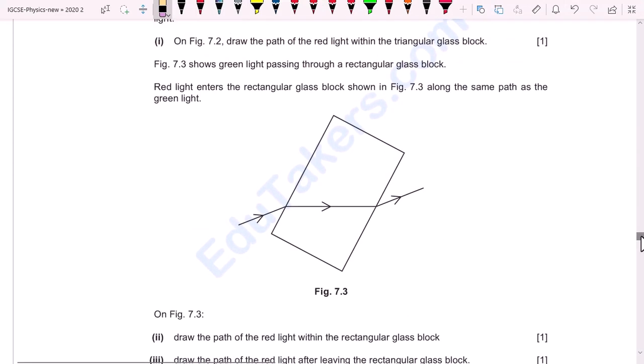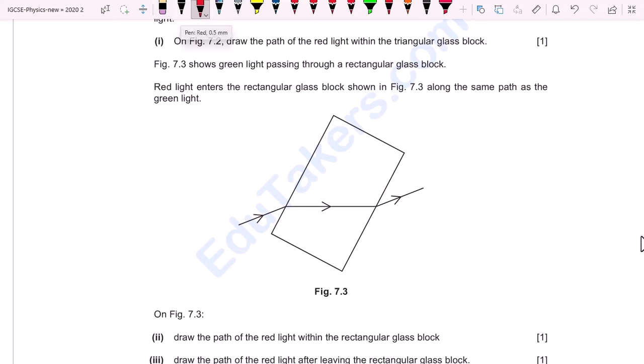Here is another diagram. Figure 7.3 shows green light passing through a rectangular glass block. This light is green and it is passing through the rectangular block. Red light enters the rectangular glass block shown in figure 7.3 along the same path as the green light. On figure 7.3, draw the path of the red light within the rectangular glass block. We are given that this is the green light.